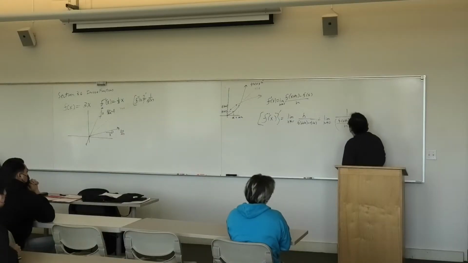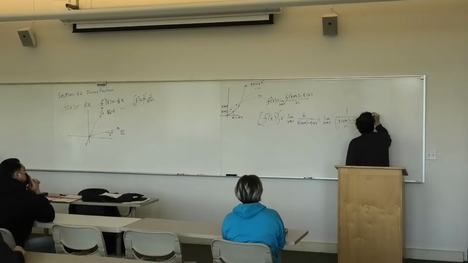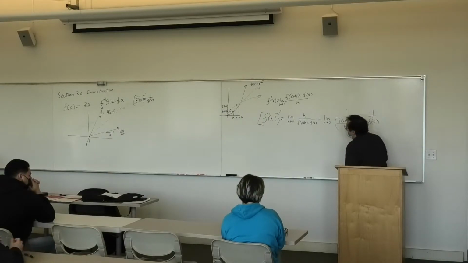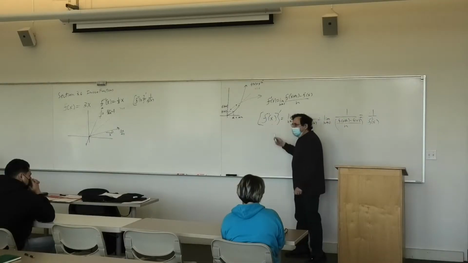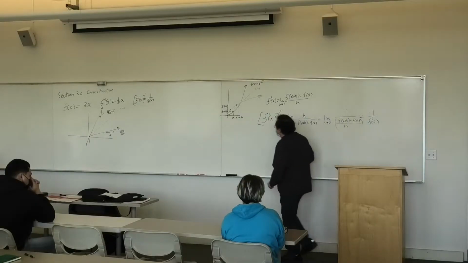But here we have the derivative of f of x. So again, this is not a proof. This is just trying to give you a feel for why this is true.